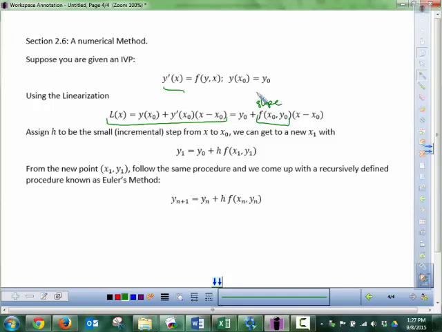So it turns out that the steps you're taking come into play right here, where you have x minus x naught. Yeah, it's a small step. And the smaller that is, the more accurate your equations are going to be.